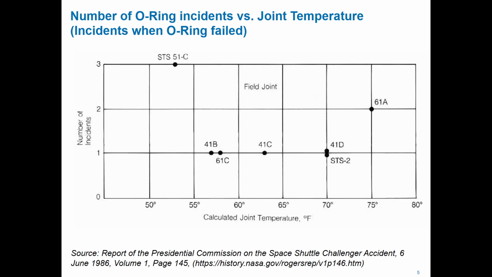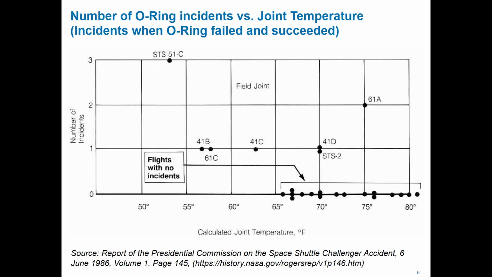The whole picture looked like this. If we include both failed and successful O-ring data on this plot, you will see that the incident number is 0 for all the successful flights or tests, and all of them are above temperature 65.